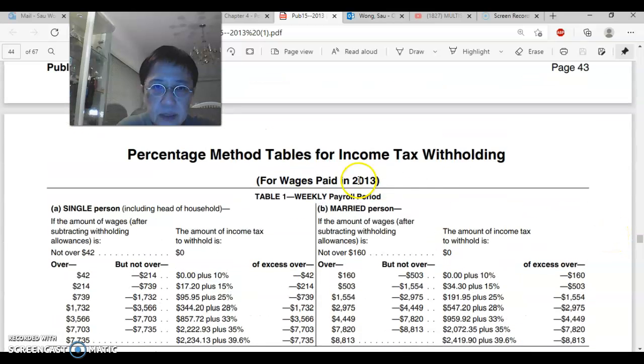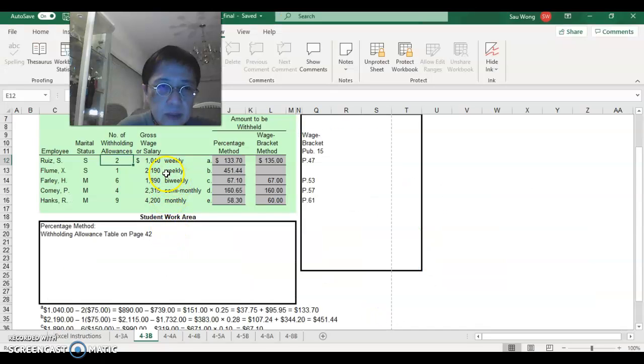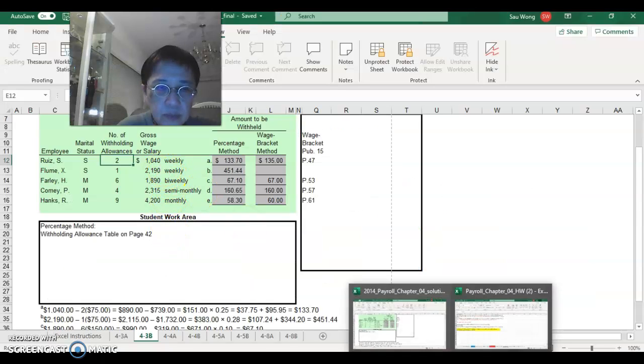So this is the percentage method. Single person is on this side, married person is on the right-hand side, for pay weekly. So we look at the first table, and his pay is $1,040.